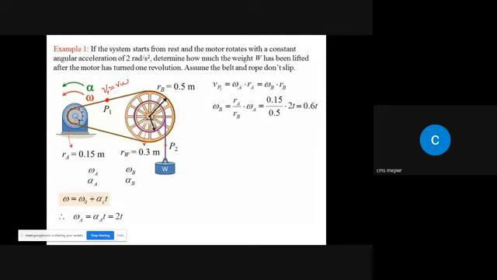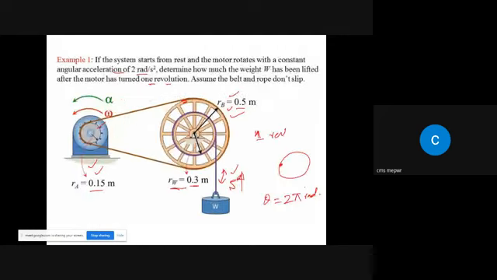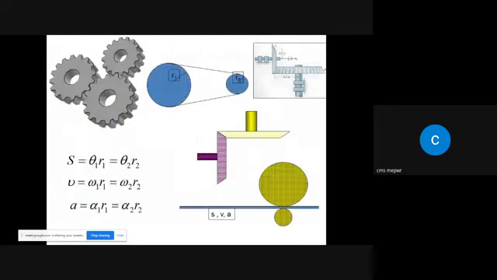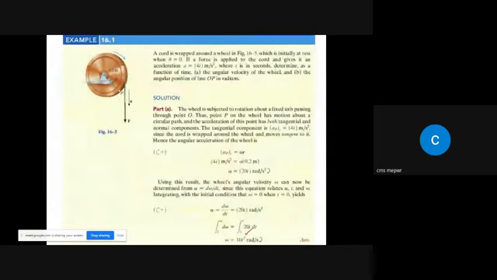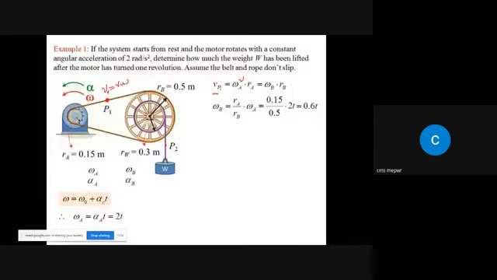And as I have previously told you, for such cases we can write omega 1 r1 is equal to omega 2 r2. So the linear velocity can be given as omega a ra is equal to omega b rb, that is over here and over here, right?